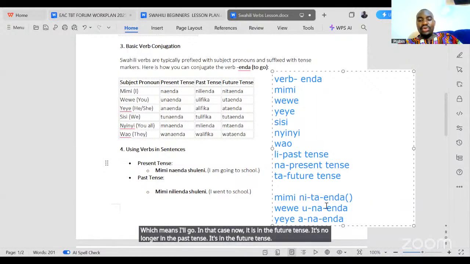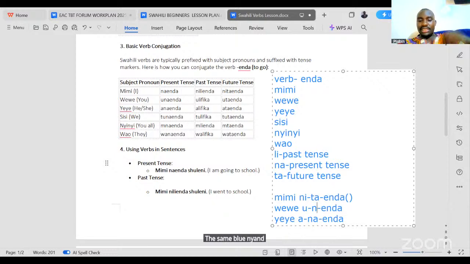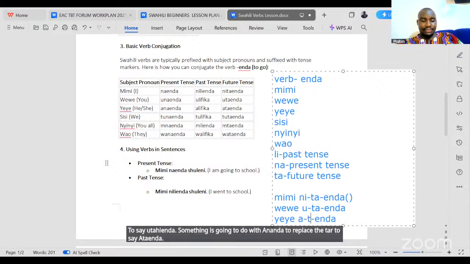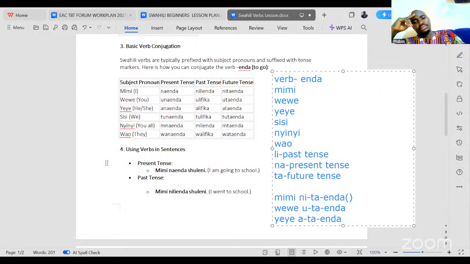The same you do with unaenda by replacing na with ta to say utaenda. The same thing you'll do with anaenda, replacing it with ta to say ataenda. That is it.